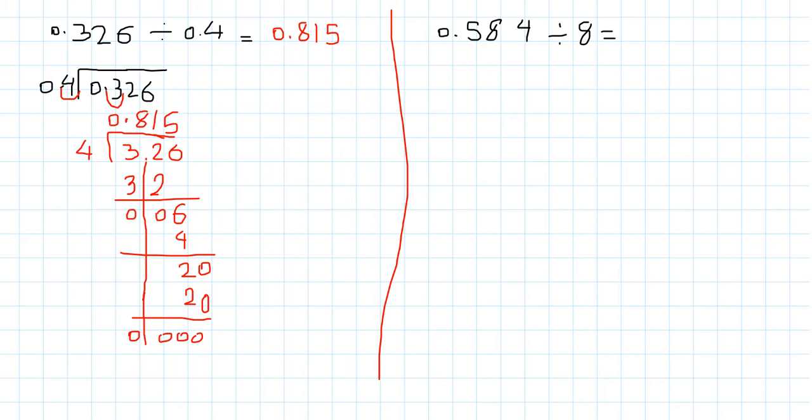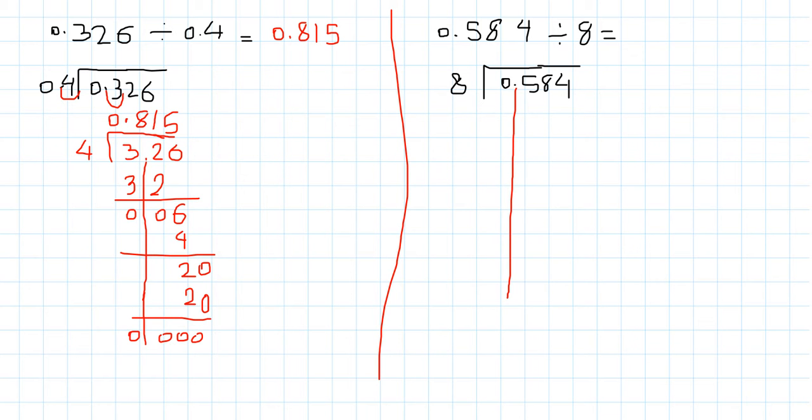I want to know the answer, so I write 8, 0.584. I don't have any decimal number here, so what should I do? So no need to jump. Easily take this down as a wall, and I ask.